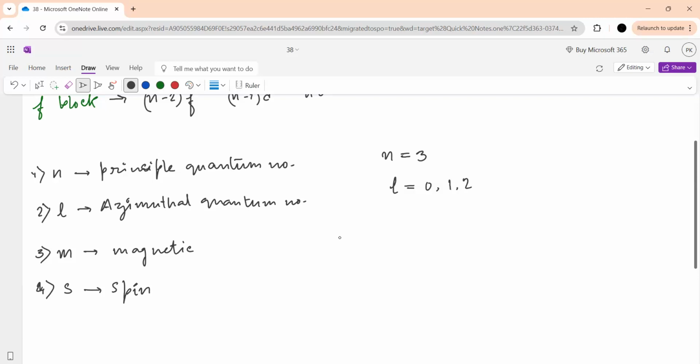And what will be the values for m in that case? m will be 3. No, m won't be 3. Will it be 2? No.